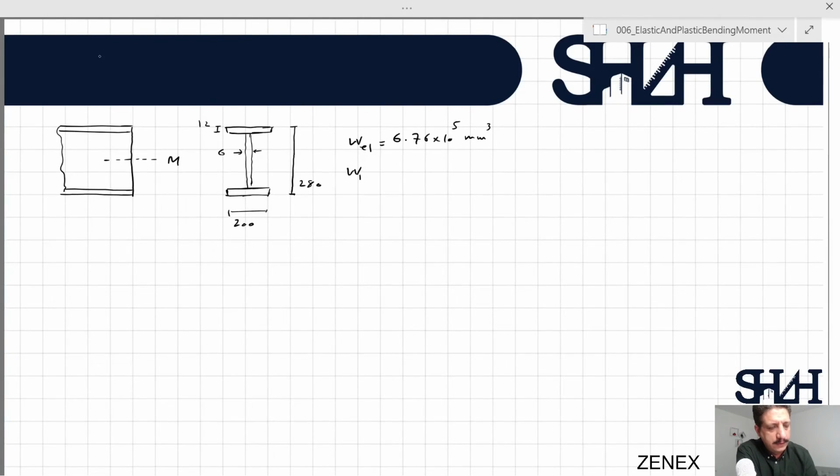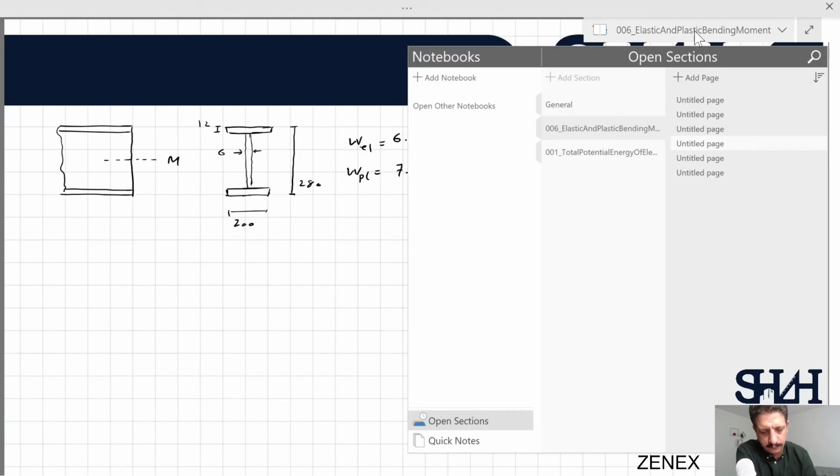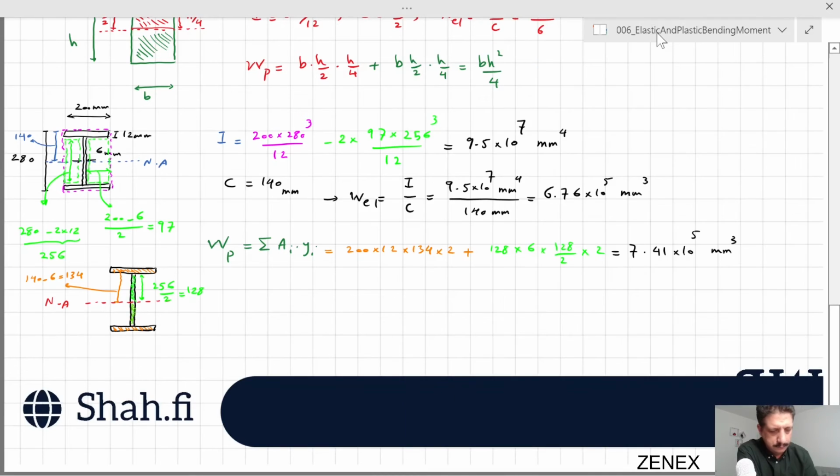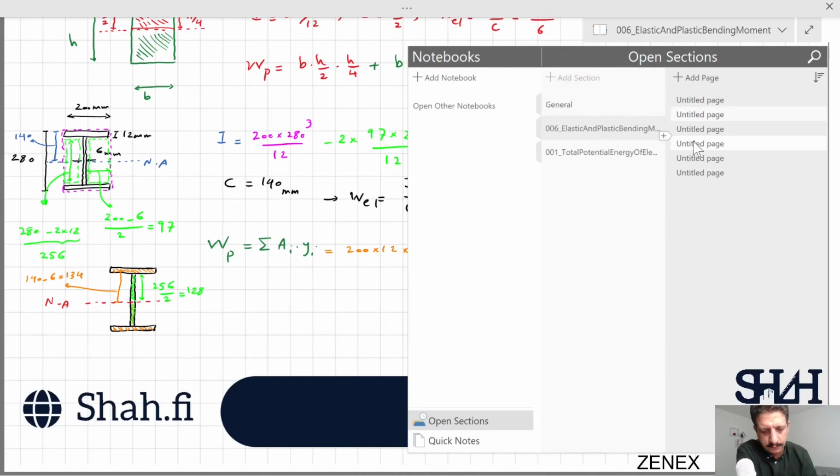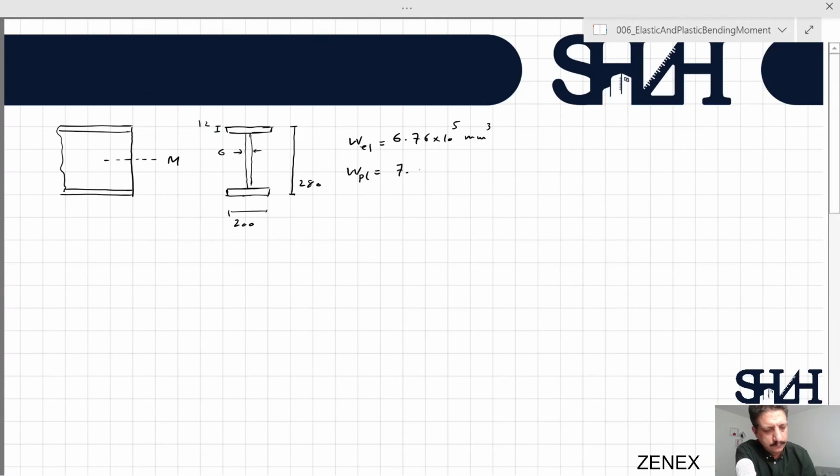And W plastic was 7.41 10 power by 5, and let's assume sigma y is also 250 megapascal as in the former example.